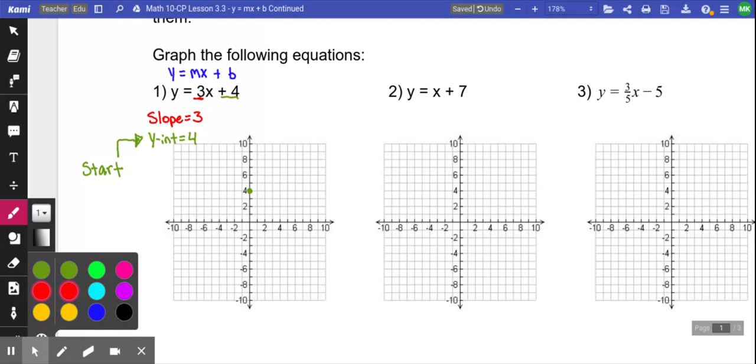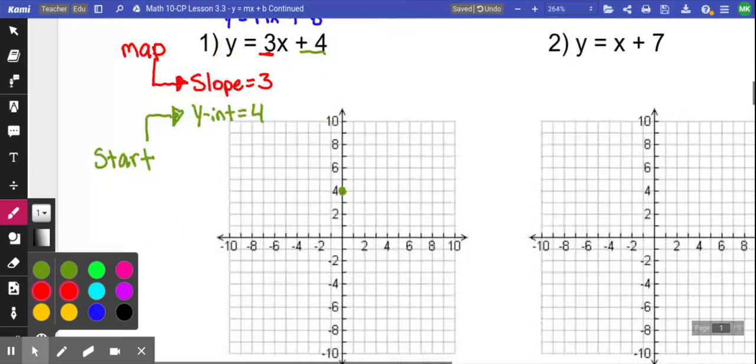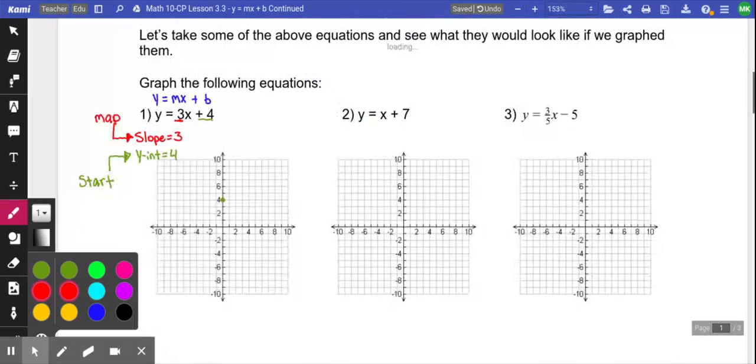Your slope tells you where your next points are. I like to call it a map. It's a map to finding my next point. The reason it's a map is because we know that slope equals rise divided by run.